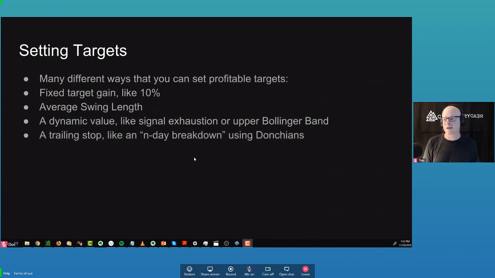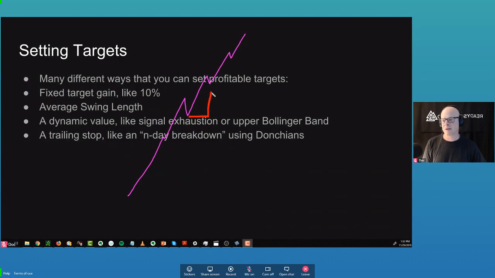You can use a trailing stop like in the trend trading strategy. For those of you that went through that class, what we're looking for is an N-day breakdown. So we're following the price up with an envelope that's following an N-day breakdown.